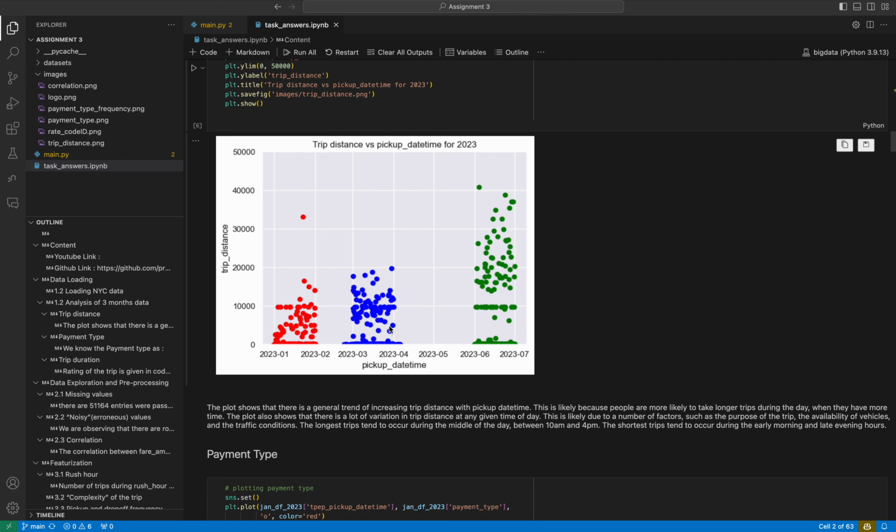This is because people take longer trips during the day, as they have work and everything is going on. Moving further ahead in the year, the trip distance is continuously increasing. The longest trips are in the middle of the day, which I'm guessing is 10 a.m. to 4 p.m., and the shortest trips are in early mornings and late evenings.